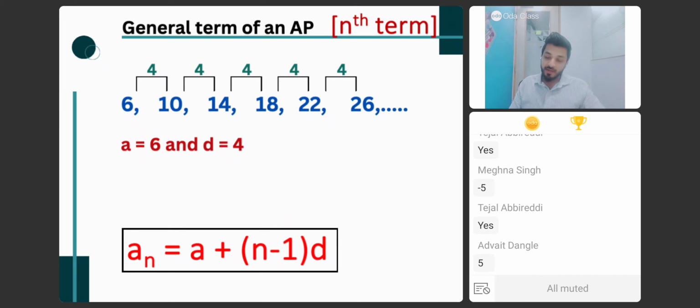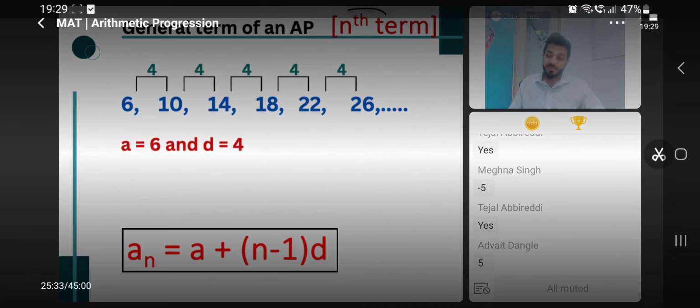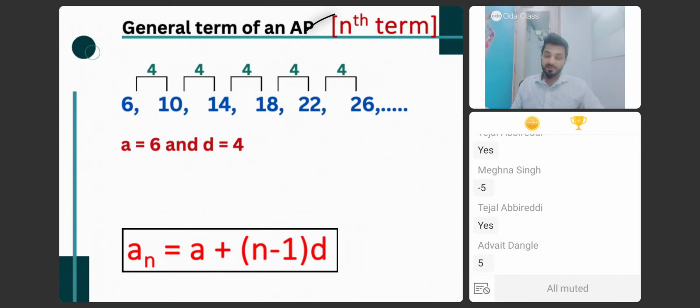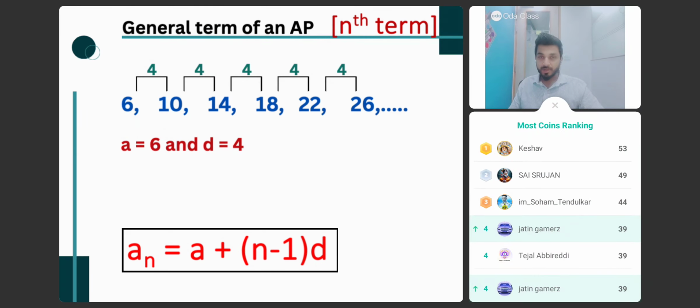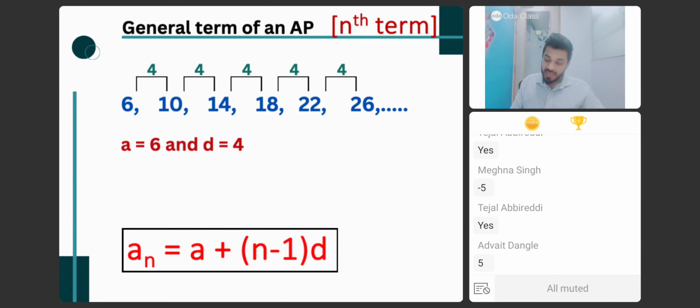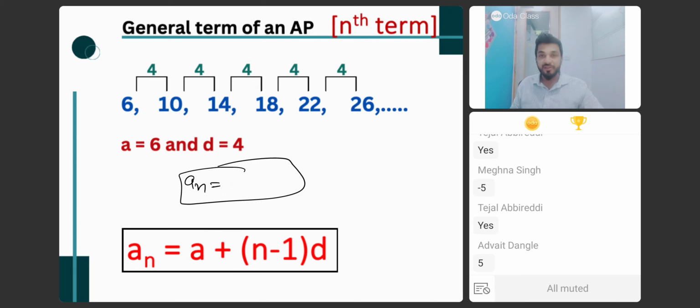Now, general term of an arithmetic progression. This is one of the important parts of this chapter. So again, an arithmetic progression is given, right? General term means nth term. देखो यार सिंपल सी बात है, like if this is an arithmetic progression given, if I find out the nth term, in terms of n, then n is your variable.